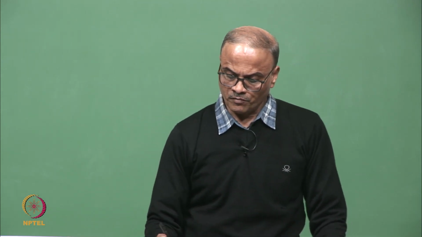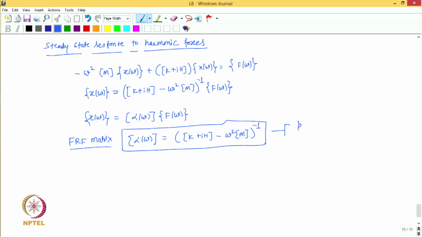Now this matrix is equally true for both damping distributions, proportional as well as non-proportional. Here we have not made any assumption regarding the distribution of damping. It is this expression which gives the relationship between the FRF matrix and the matrices K, M and H, and it is true for both proportional and non-proportional damping distributions.